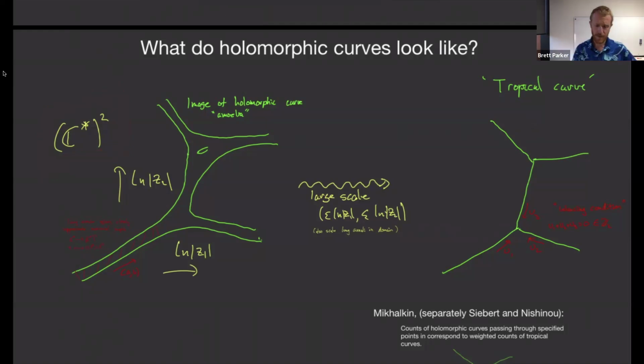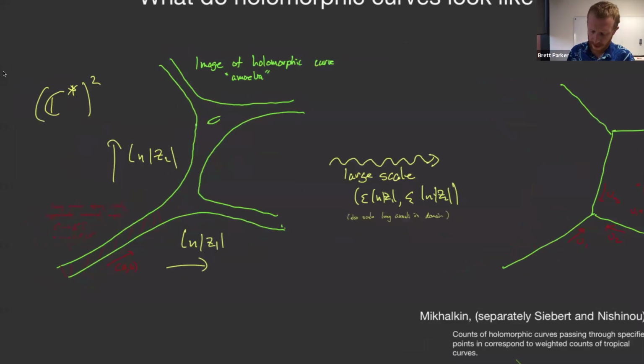And the picture I'm drawing is a log of the absolute value of the coordinates. So you think of C star as like a great big long cylinder, and we're just looking at the length direction, and this projection here is crunching down the real torus direction. Okay, so what an image of a holomorphic curve looks like is something looking like this. Actually, these edges should be a bit thinner. And these are called amoebas.